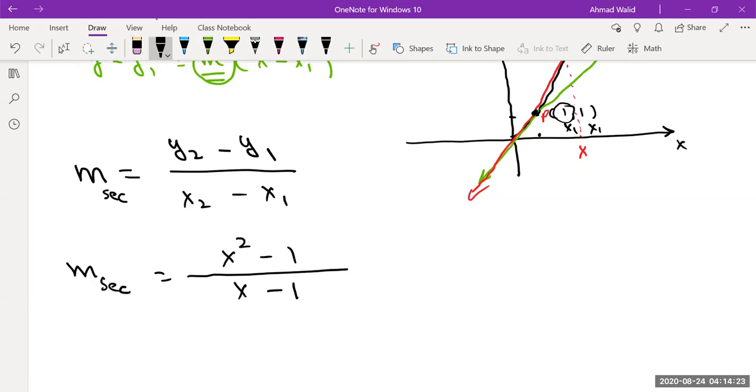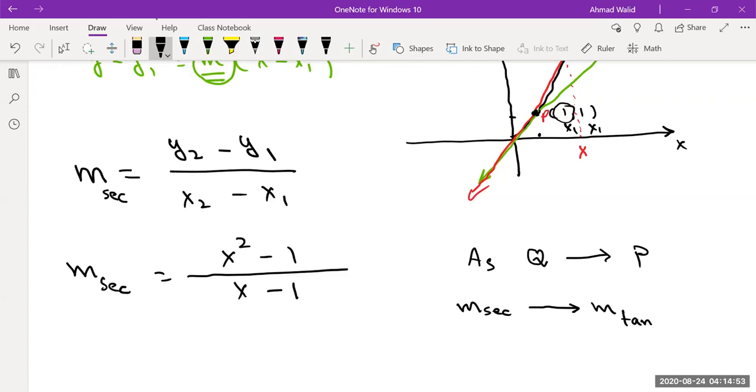The idea was to bring point Q closer to point P. As Q is approaching P, the slope of the secant line actually goes close to the slope of the tangent line, because you are coming really close, correct?